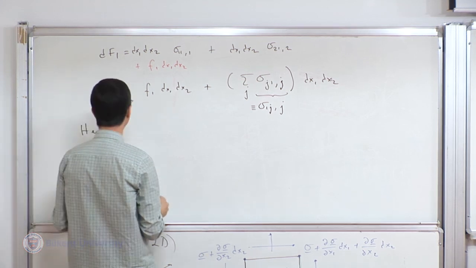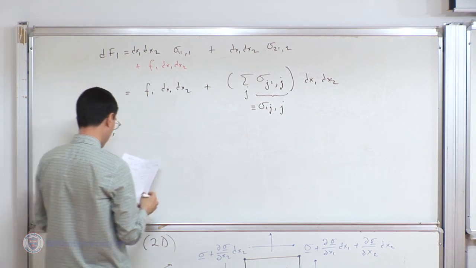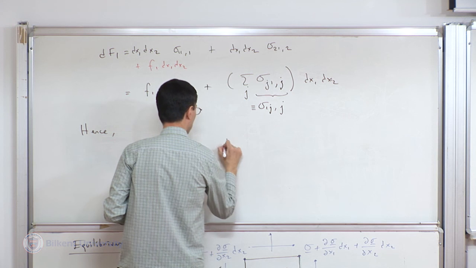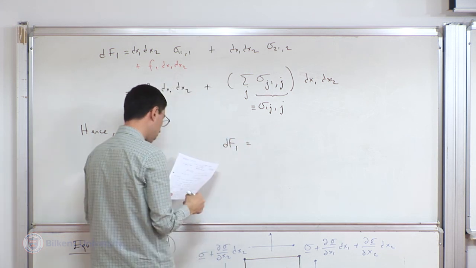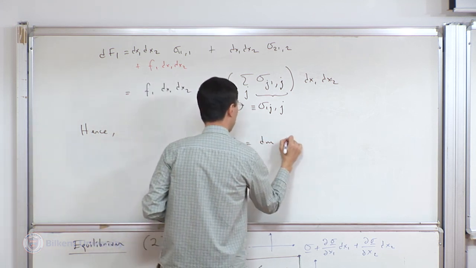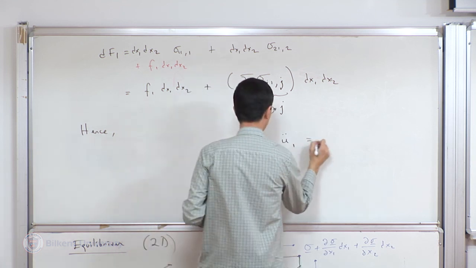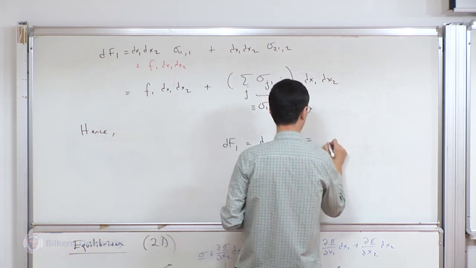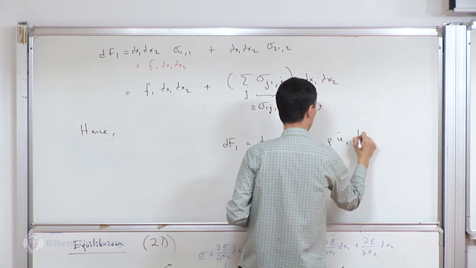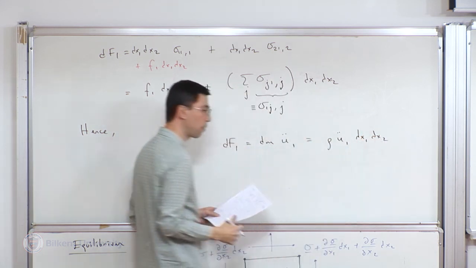what I have concluded is I have df1. So I'm working along the one direction, and it's equal to dm u double dot 1. So dm, it's easy, it's rho u double dot 1 dx1 dx2. That's the right-hand side.